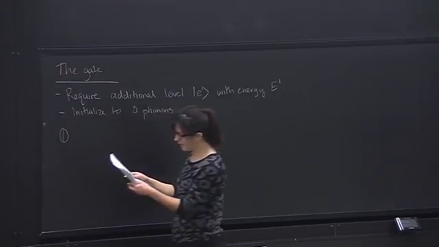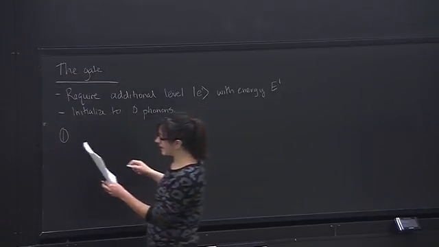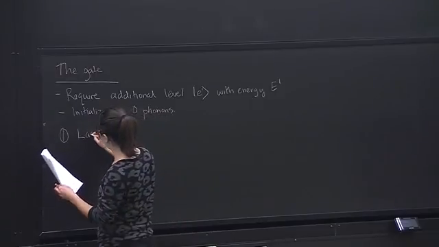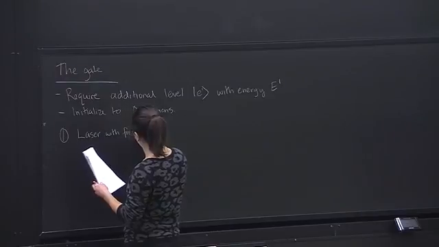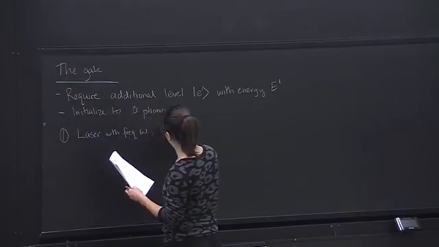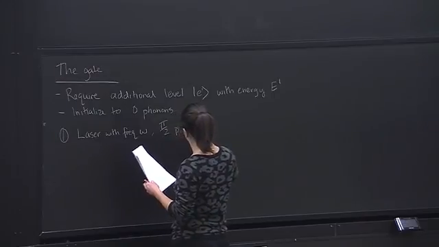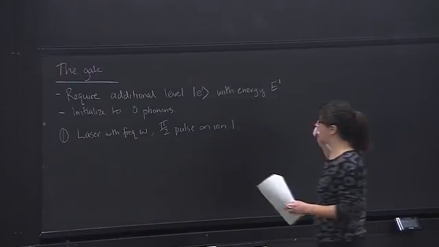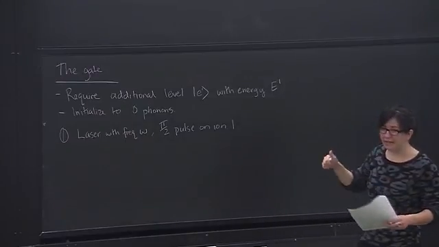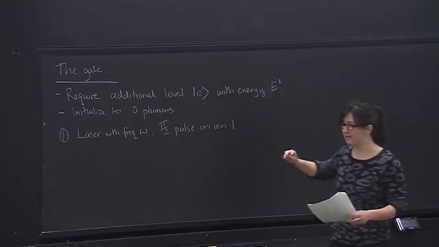And now this is how you do the gate. So the first step is to take the first ion, and we take a laser with frequency omega, and we pick our J and our T appropriately so that we do a pi/2 pulse on the state.